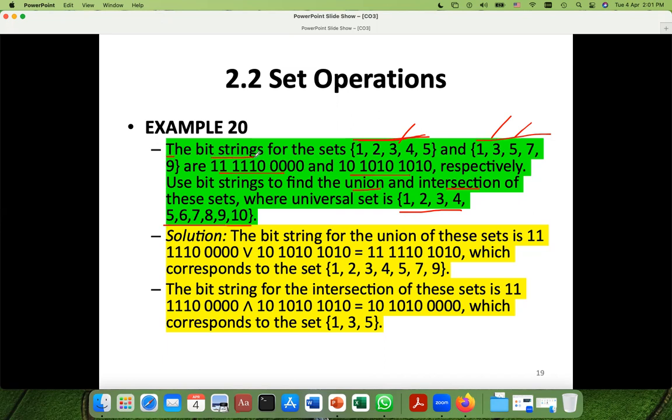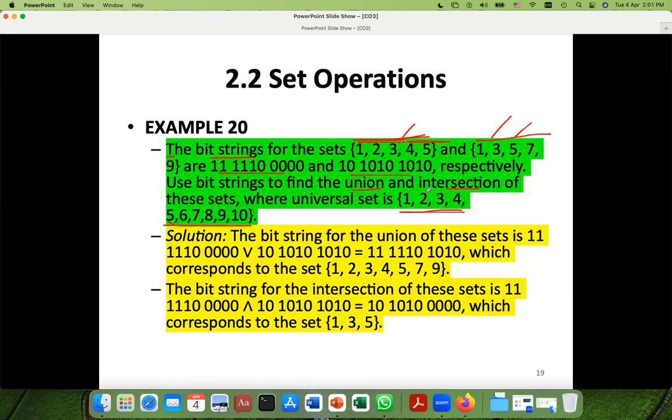The rest of the 5 bits are off, because the universal set has 10 bits. So each set can contain a maximum of 10 bits. According to this representation, set A has this position of 10 bits.